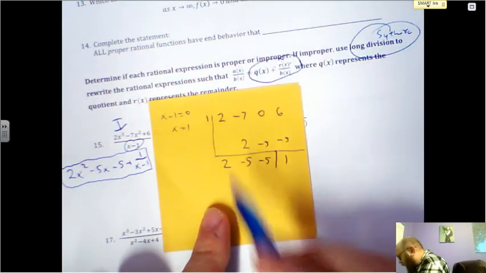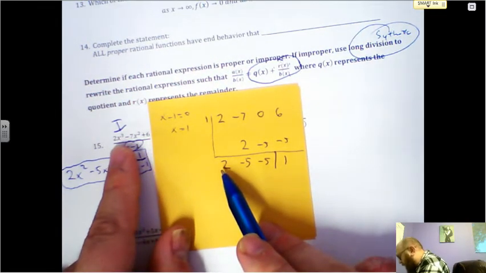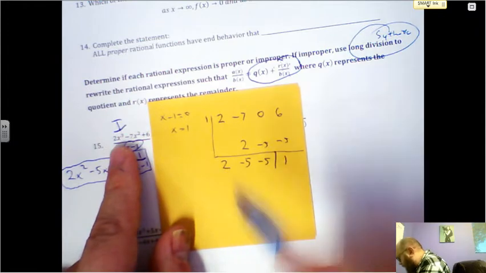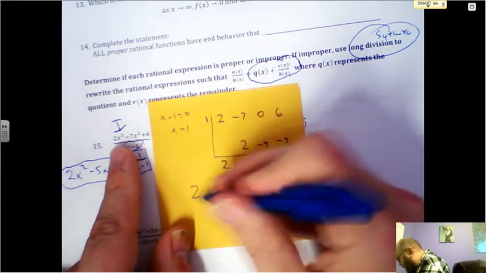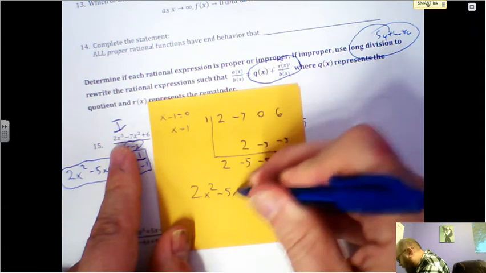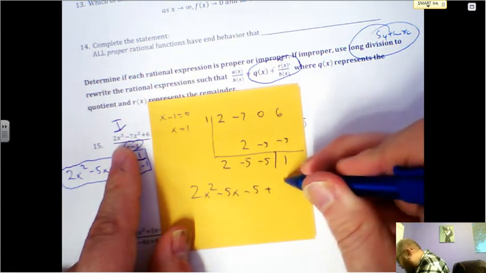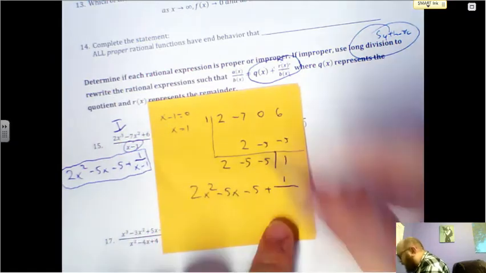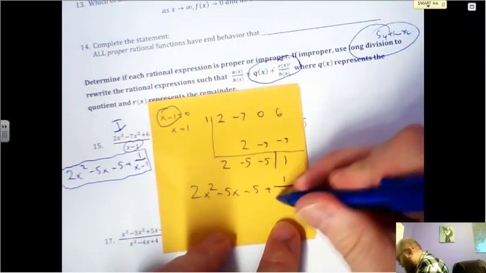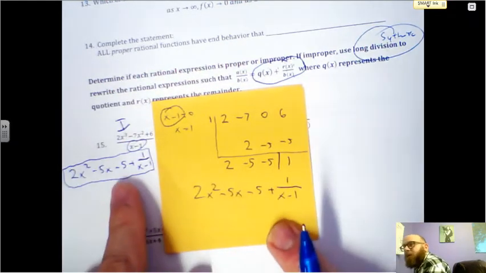Now I lower my degrees. So I started with x cubed, so this 2 is 2x squared minus 5x minus 5 plus 1 over whatever I originally was dividing by, x minus 1. And I believe that's exactly what we got here, right?